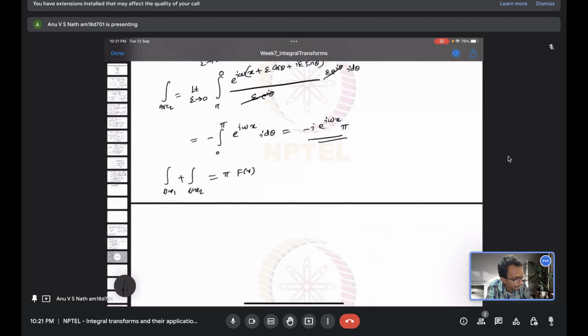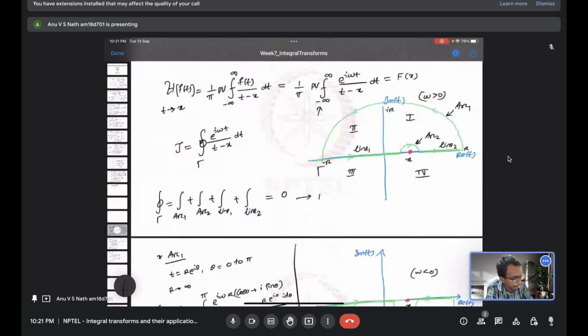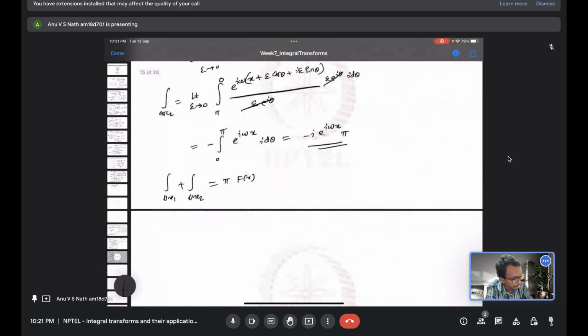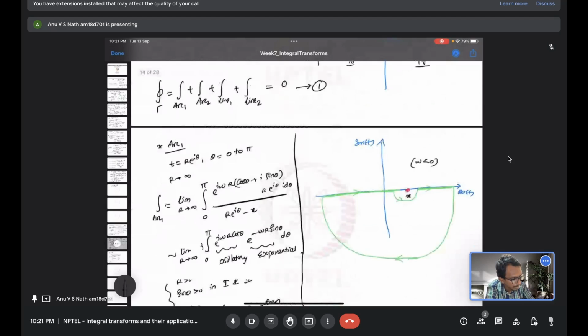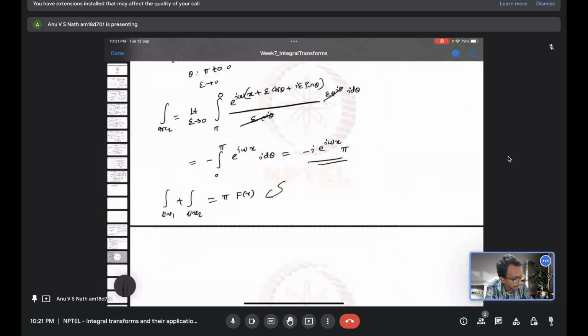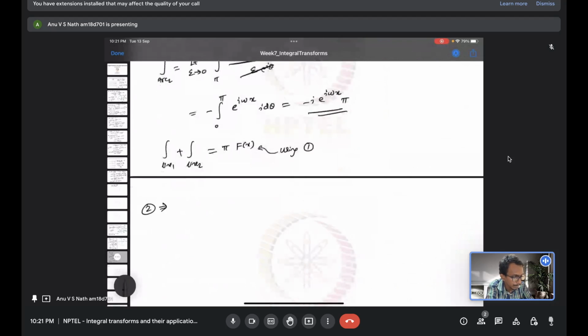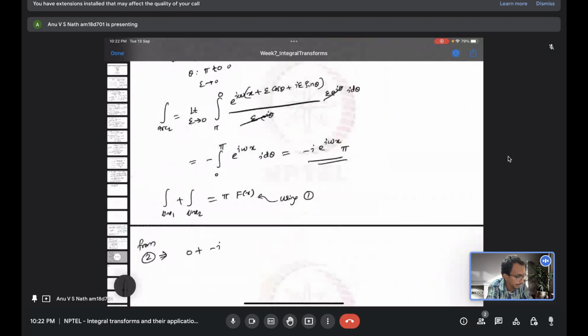Let's call this expression 1 and this expression 2. Using 1 from 2, we find the contribution of arc 1 is 0, and the contribution of arc 2 is minus i pi e raised to i omega x, which is equal to pi times f of x.